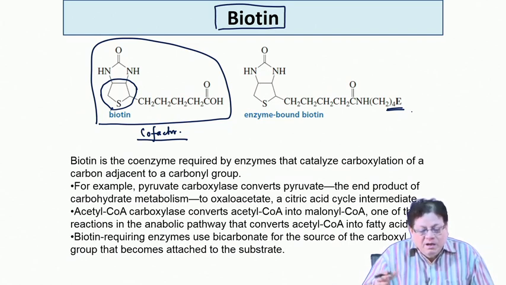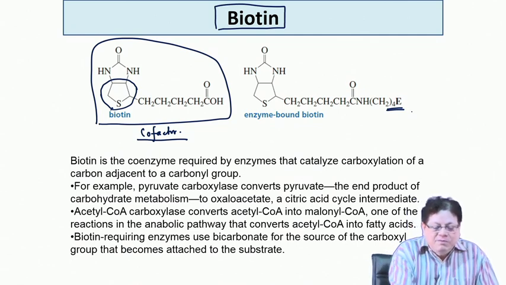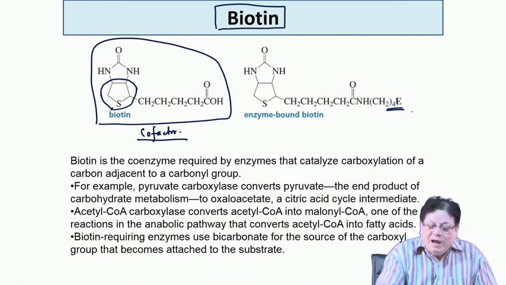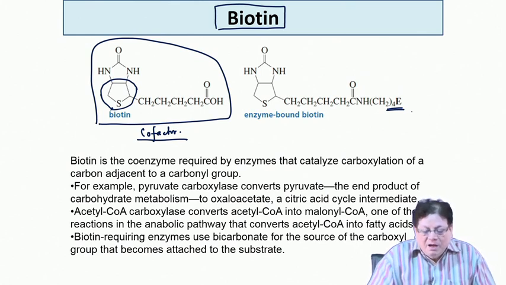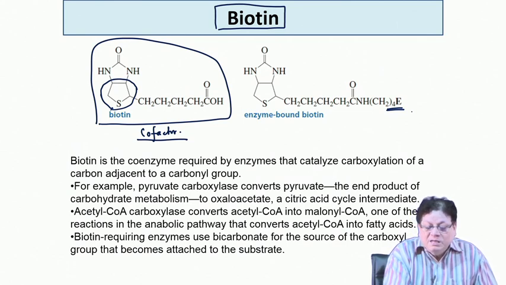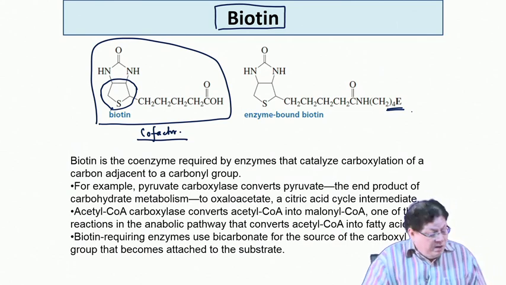So, you do not need any transformation as such. If it is given from outside, it will be attached to the enzyme via a lysine moiety, because this is a carboxyl group. You make a peptide, an amide bond to the lysine, and then this is called a prosthetic group. So, this is the enzyme-bound biotin.